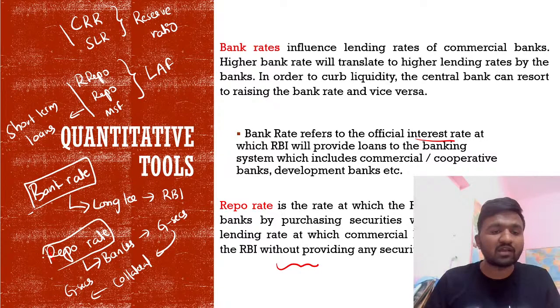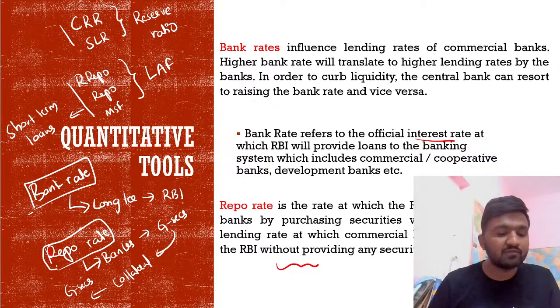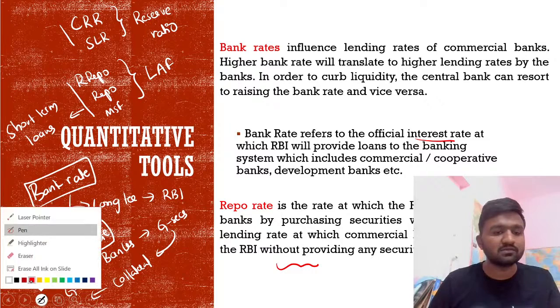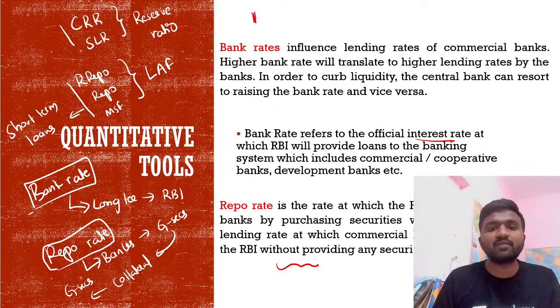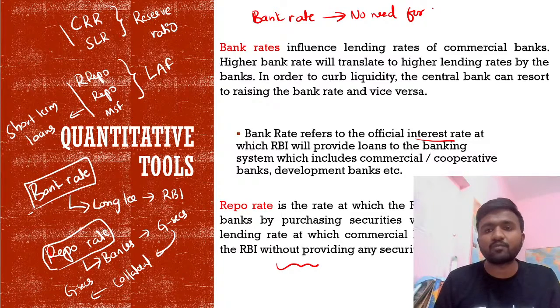When they go to RBI for repo rate, RBI will ask to keep some government securities as collateral, then only will they give loans. But in case of bank rate, if you want to take a loan, there is no need for banks to keep government securities as collateral.